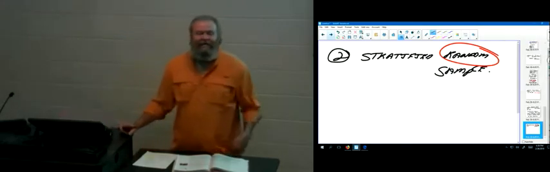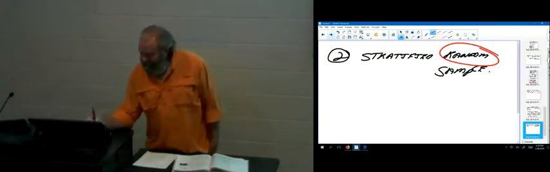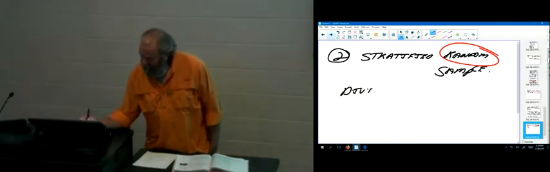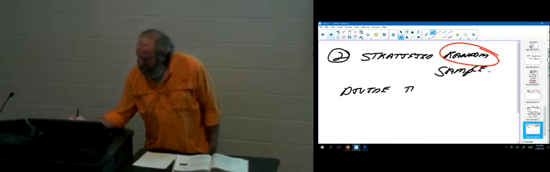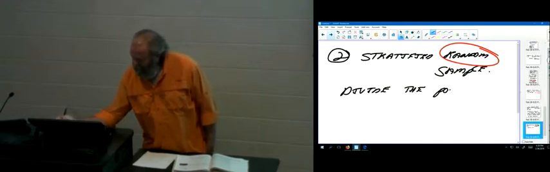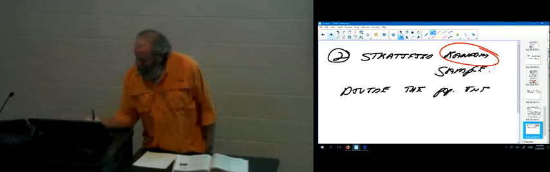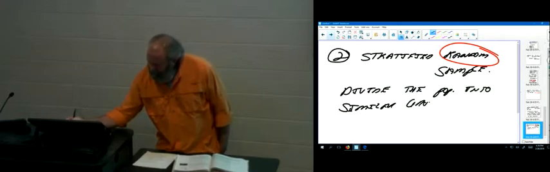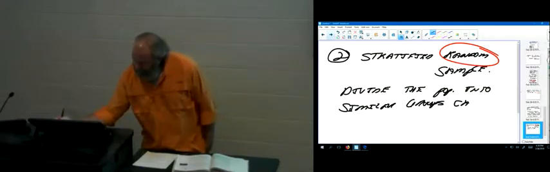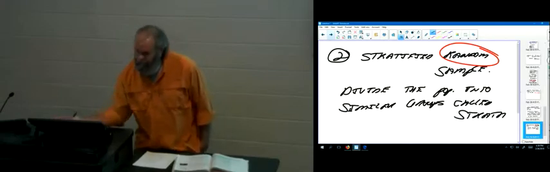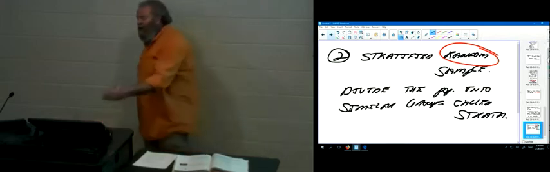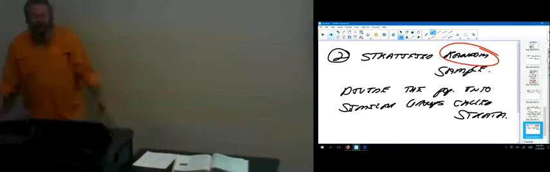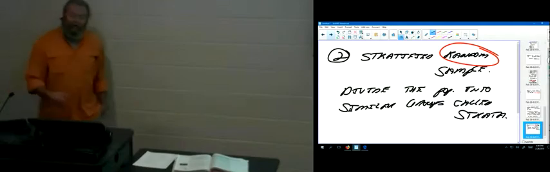Before you start choosing anything, you divide the population into similar groups called strata. I got to throw that word strata out there, but you're going to divide the population into similar groups. And then what you do is sample from each group.